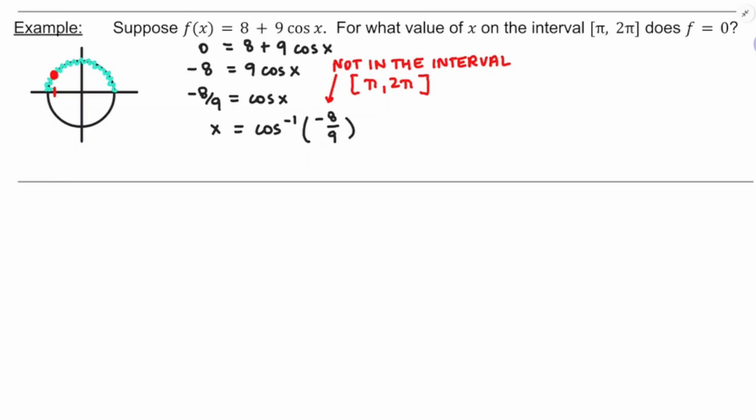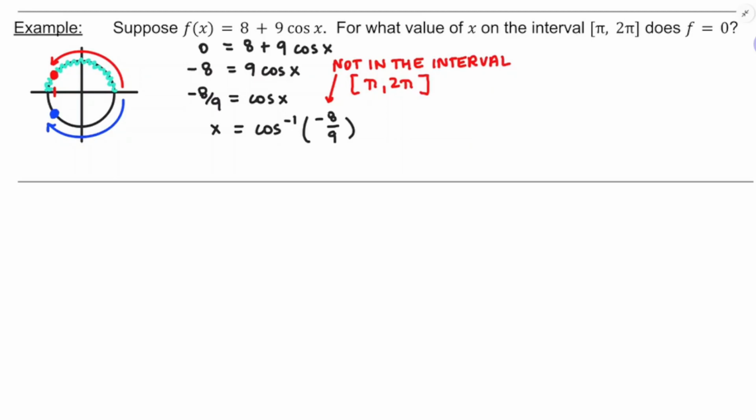Okay, so what we're going to do is think about our inverse cosine of negative 8 over 9 as really representing that much angle, that much rotation. And there's another place on the unit circle that has that x-coordinate, right? Down here in the third quadrant, the place that we're really looking for, this real solution on the interval pi to 2 pi to f of x equals 0. So what we're really looking for is that much rotation. Okay, so I think it would be natural to think, oh, well, the negative of inverse cosine of 8 over 9.